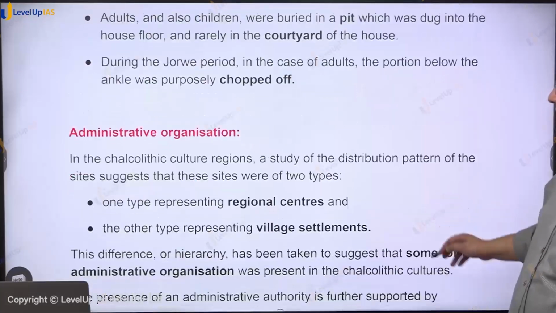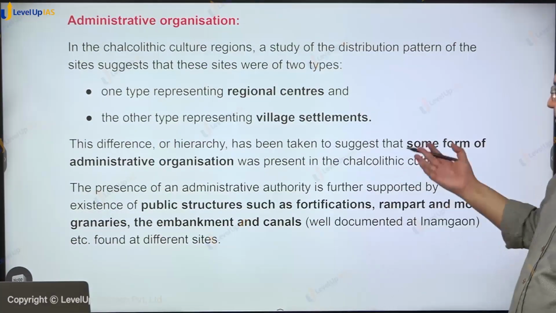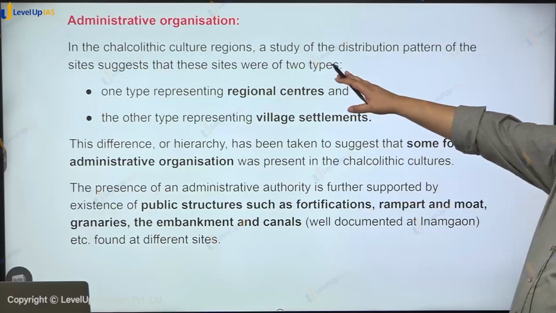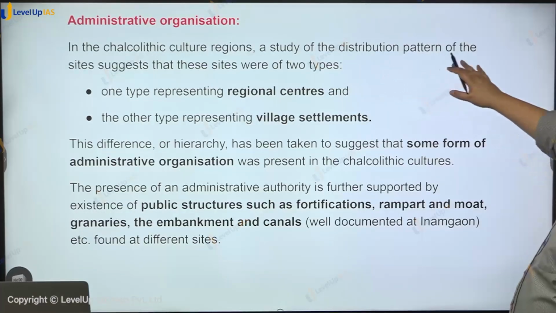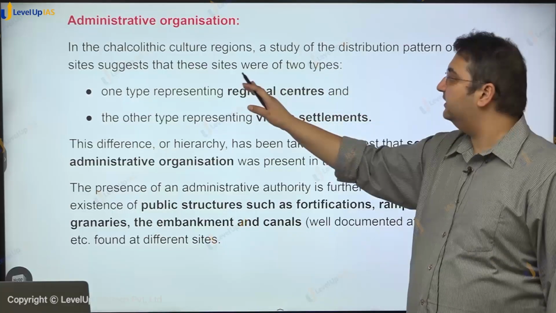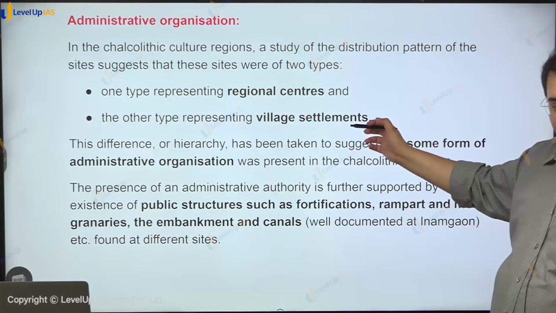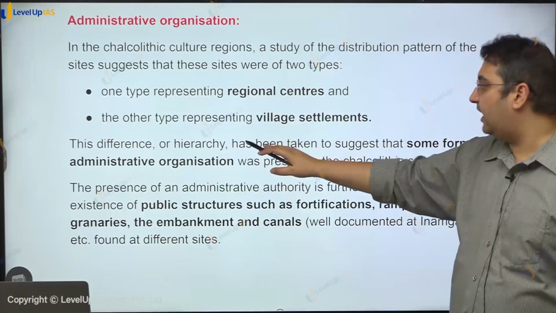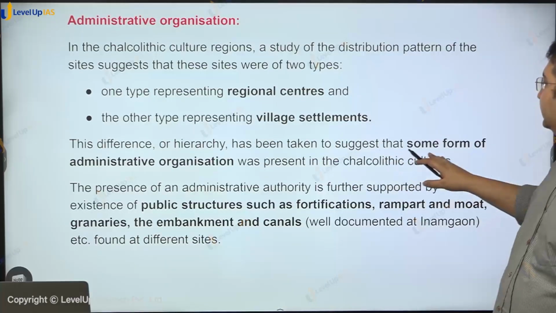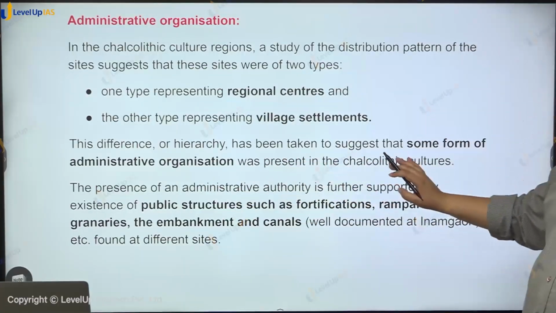Now, some minor aspects. Their administrative organization, this we have largely addressed. In the Chalcolithic culture regions, a study of the distribution pattern of the sites suggests that the sites were of two types, regional centers and village settlements, the same as the primary and secondary sectors. This difference or hierarchy has been taken to suggest that some form of administrative organization was definitely present.